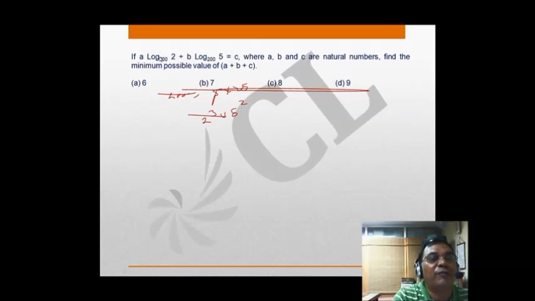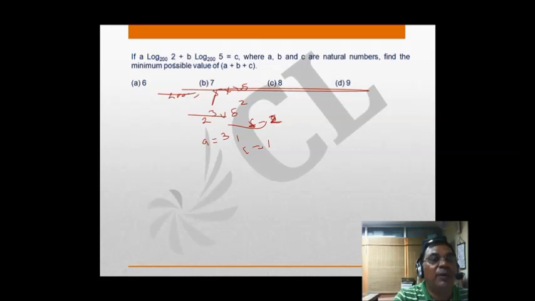So a I'll keep 3, b is equal to 5. Obviously, c will come 1. So that means b will be 2.